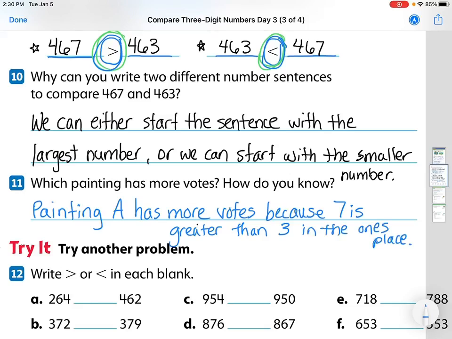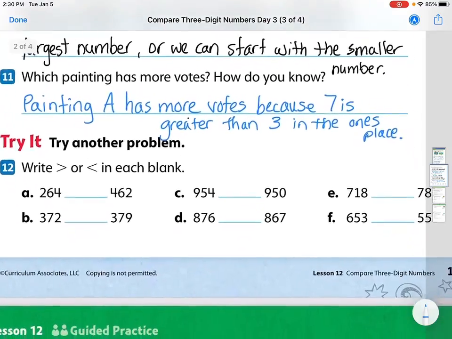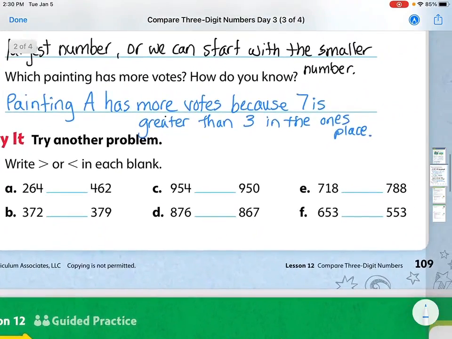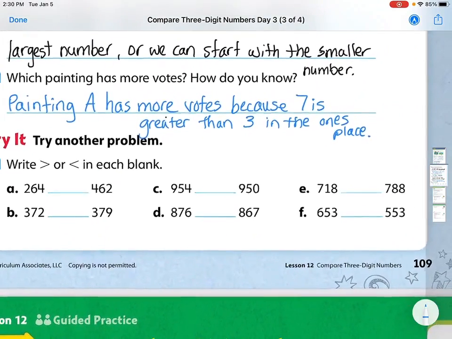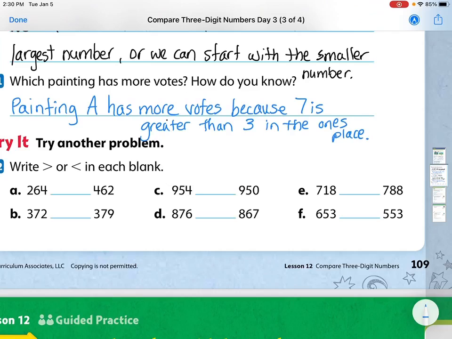Okay, so you go ahead and pause the video and finish writing if you need to, but we're going to go on down to this very last problem on page 109. There are 6 different problems here. There are number sentences where you need to fill in a greater than symbol or a less than symbol in the blank.